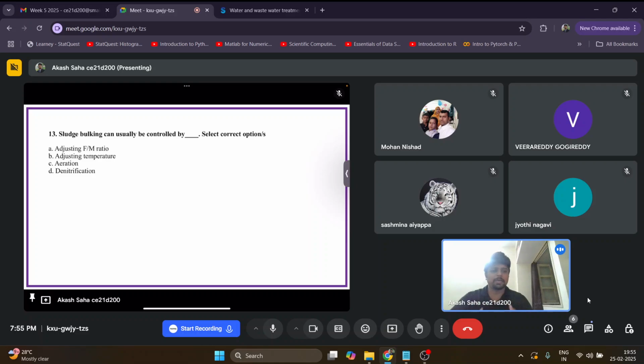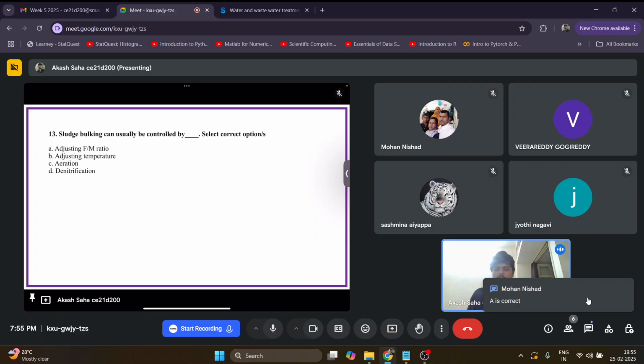Once the settling properties get better, the sludge bulking will reduce. That's why low F/M ratio is generally preferable to reduce sludge bulking. Am I clear? Yes, sir. Understood.